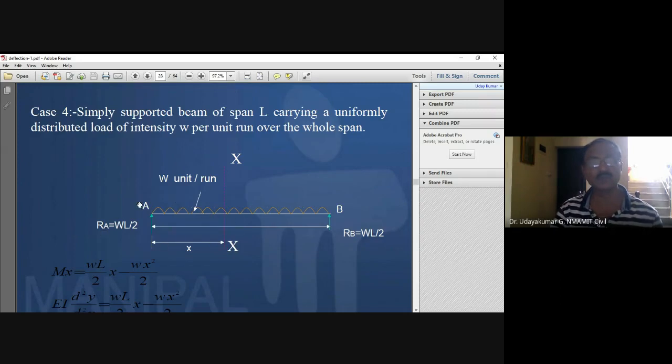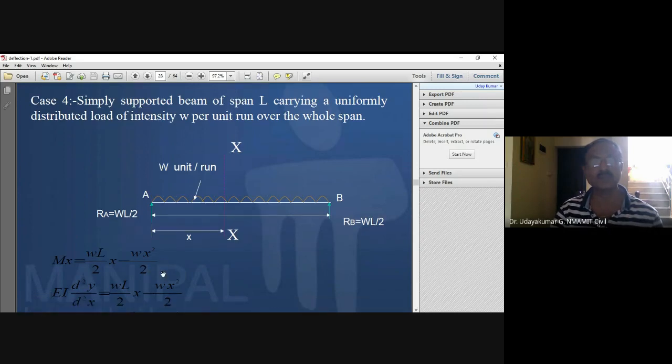Small omega, omega L by 2 is the reaction. That into x is the moment. Omega L by 2 into x is the bending moment due to upward load acting upward, positive, and for the UDL, omega into x by 2, which is minus omega x squared by 2. That is the equation.